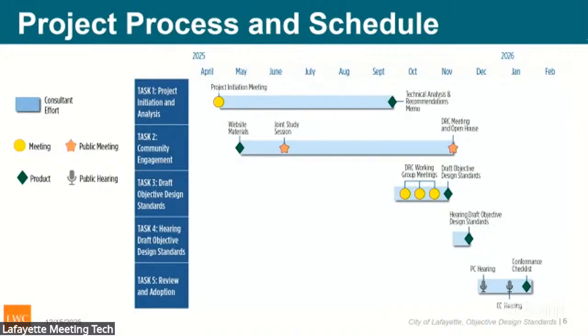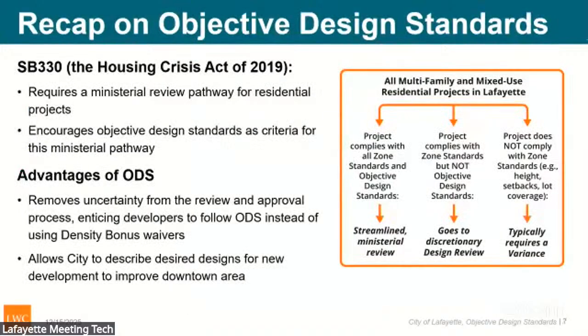At your direction, we met with the Design Review Commission Working Group several times in the fall. We had the open house last month, and now we're here at the first hearing.